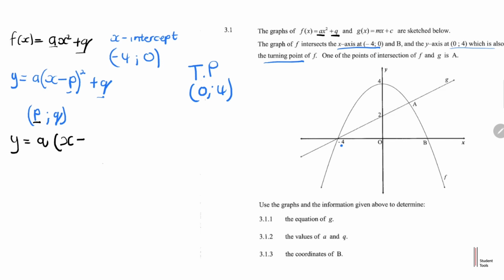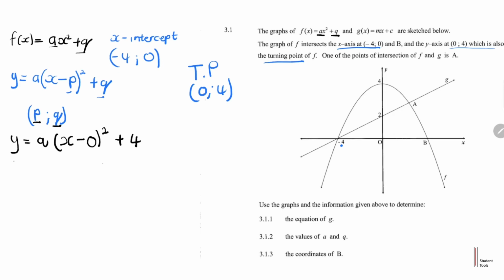Our turning point is 0, 4. The x value of the turning point here is 0. So we'll plug that 0 in and close a bracket and square, plus q. So the q is given by the y value of the turning point. Our y value here is 4. So that means we are adding a 4.